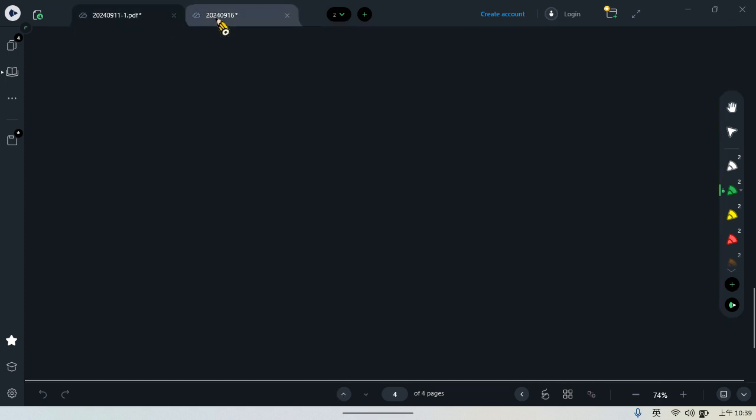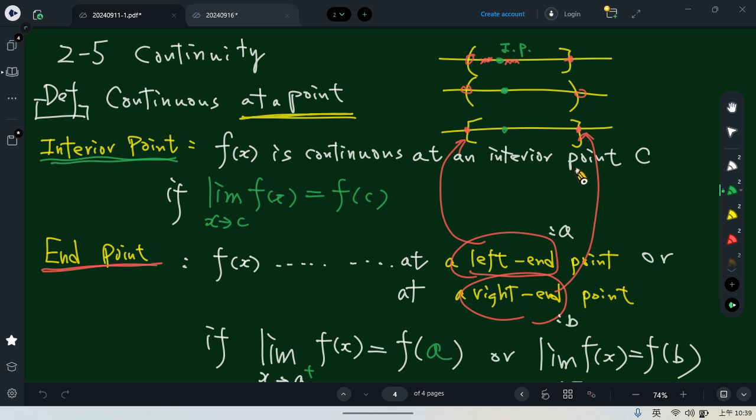If we want to combine them together, normally we will check the left end point for the property of being right continuous. For the right end point, we will check its property of being left continuous.